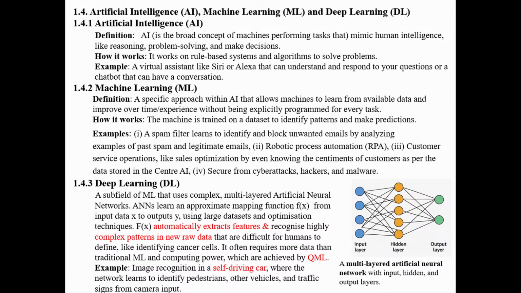And another one is deep learning. Here, as I told you, it contains a complex, multi-layered artificial neural network. This is using the advantages of quantum mechanical principles, and it will handle a huge amount of data by its decision nodes. It will take huge data and process it, and categorize it into different items like toys, fruits, furniture, and so on.